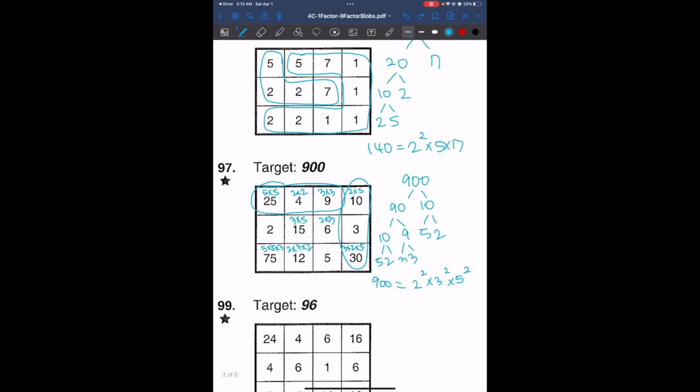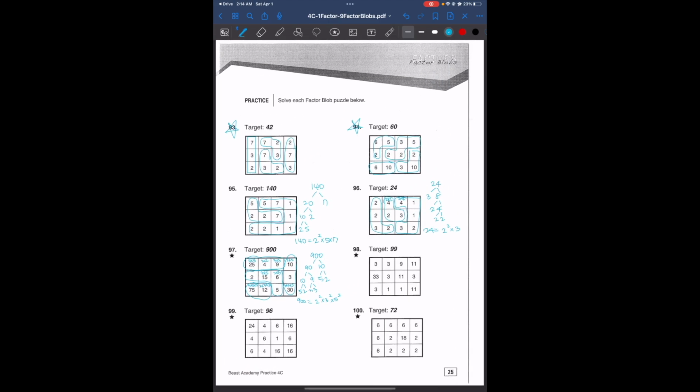And then we're going to group these two numbers together. We have two twos involved, two twos involved, two threes involved, and two fives involved. Then for these, we also have two twos involved, two threes involved, and two fives involved. And so we have 4 blobs in total.